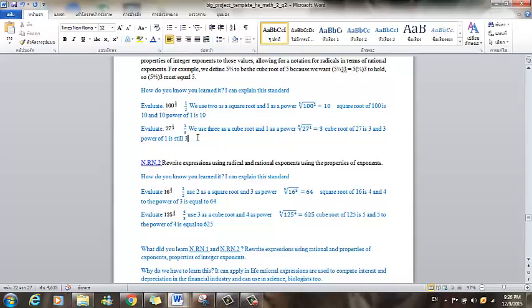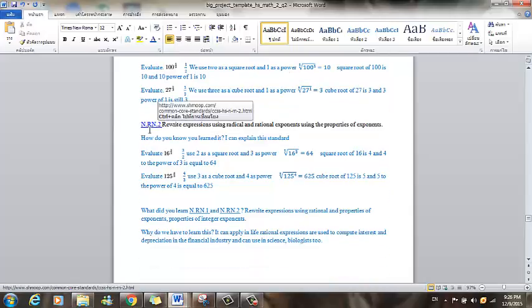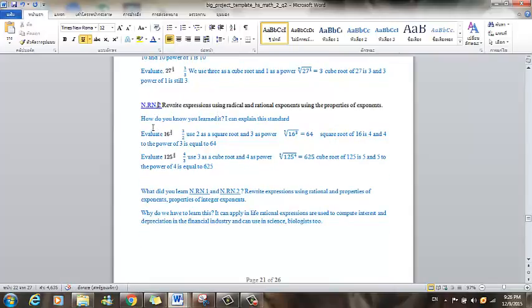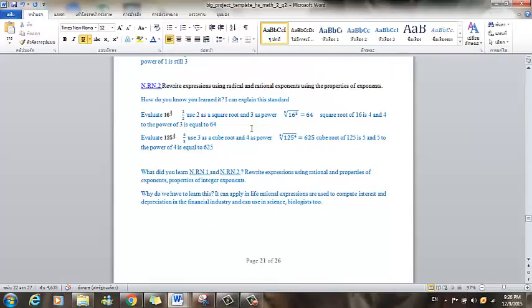Right? So the next standard is in IRN. How do you know you learned this? I can explain this with 16 to the 3/2. For 3/2, we use 2 as a square root and 3 as a power, so the square root of 16, and the power of 3, is equal to 64.